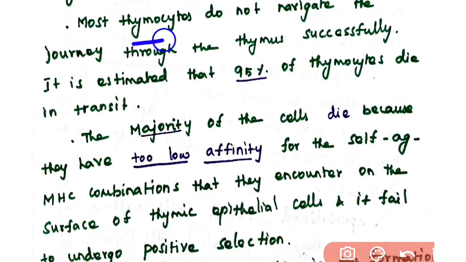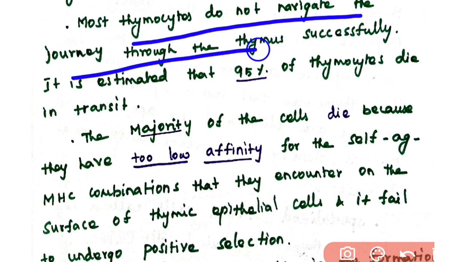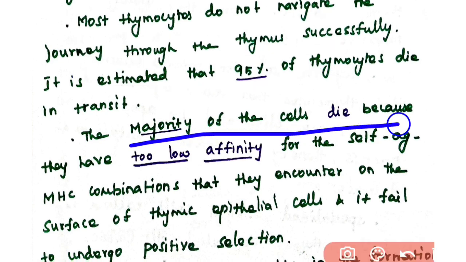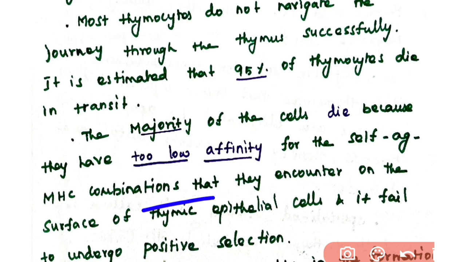Then most thymocytes do not navigate the journey through the thymus successfully. That means most of the cells die. It is estimated that 95% of thymocytes die in transit. The majority of the cells die because they have too low affinity for the self-antigen MHC combinations that they encounter on the surface of thymic epithelial cells. So they fail to undergo positive selection.